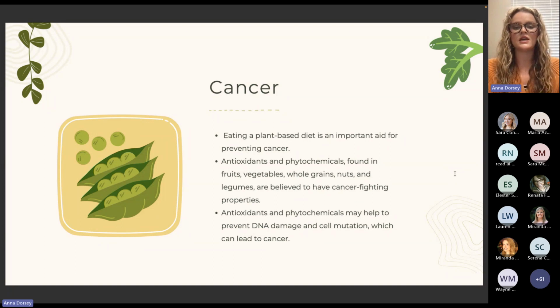And that's ultimately what cancer is. It's abnormal cell growth and damage to genetic material. So plant-based foods, or vegetables, whole grains, nuts, legumes, they contain things called antioxidants and phytochemicals. And these antioxidants and phytochemicals help to prevent against the cell mutations, the DNA damage that occurs and potentially can lead to cancer.